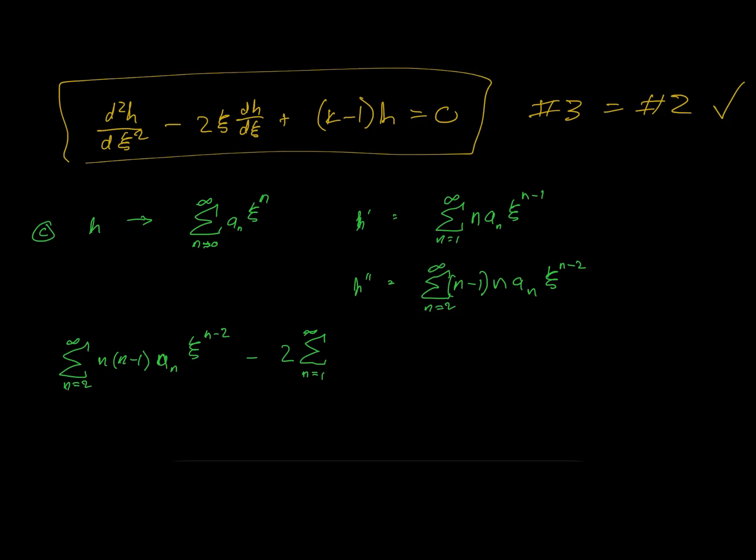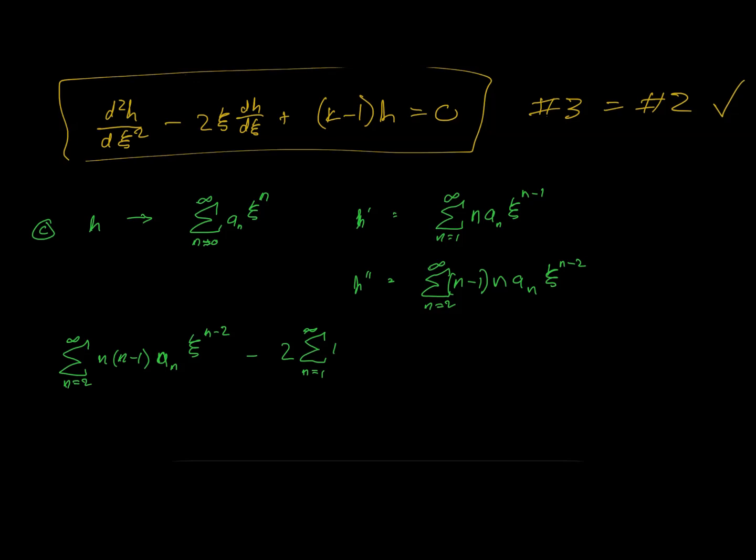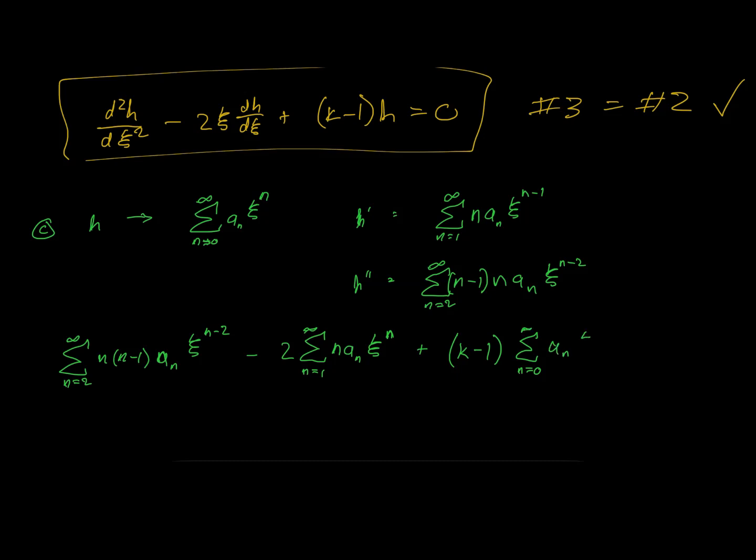Now we're going to absorb a c in our sum here. So it's going to be n a sub n c to the n minus 1 plus 1. It's just n. And then we're going to add, we'll just keep this like this, k minus 1 times the sum from n equals 0 to infinity of a sub n c to the n.